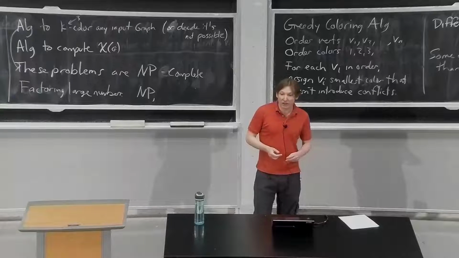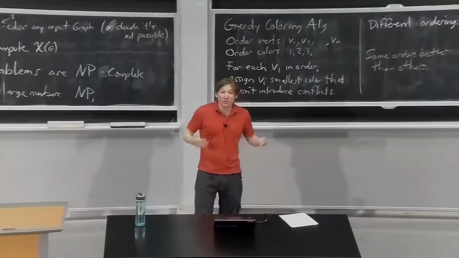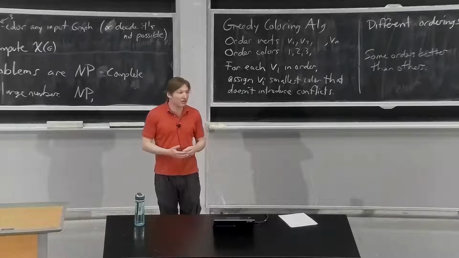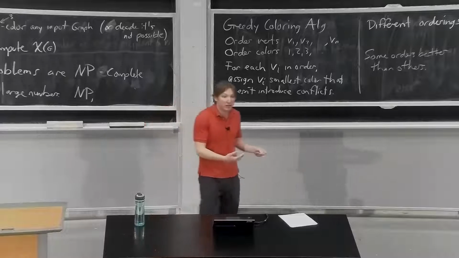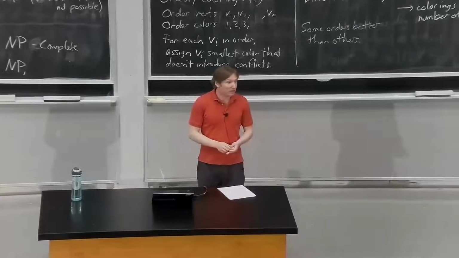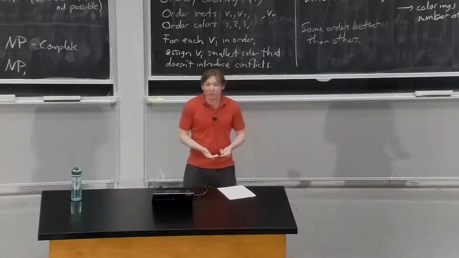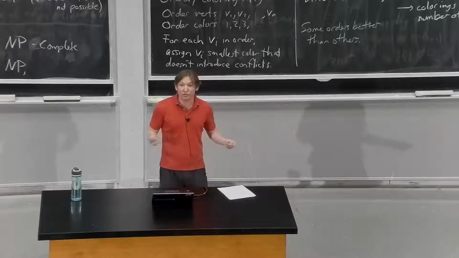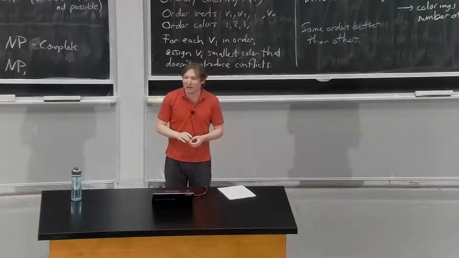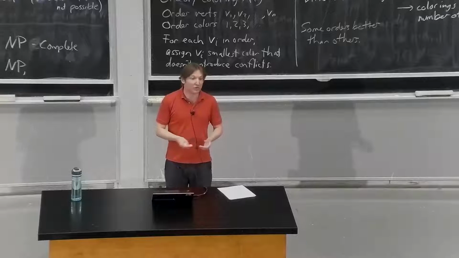But the other question, can you always get some coloring that uses the minimal number of colors? Even if you can't get all different colorings, can you at least get all different numbers of colors? And that answer is yes. It takes a little bit of thought to prove, but the answer is yes. So if you do try all n factorial vertex orderings and take the minimal coloring, you will in fact get the chromatic number.